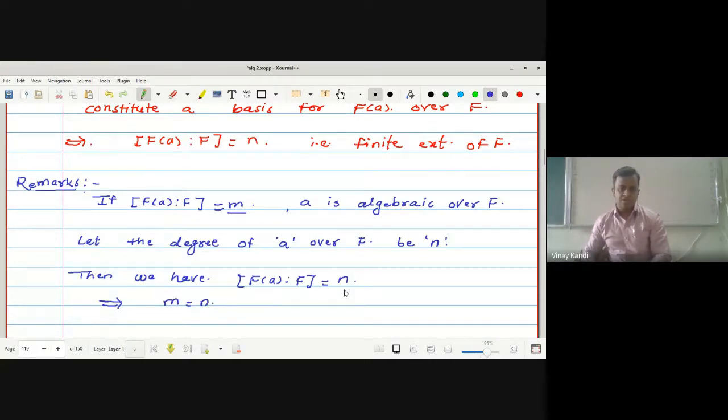Hence if the degree of F(a) over F is equal to m, then a is algebraic of degree m over F.